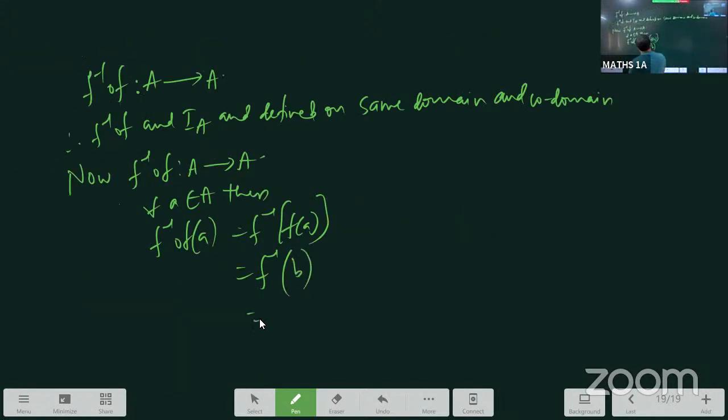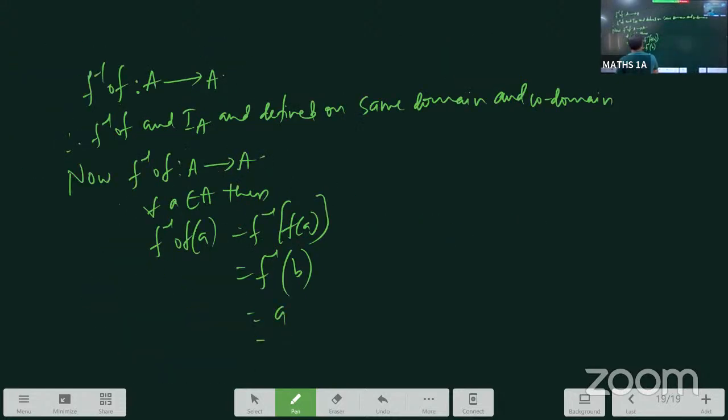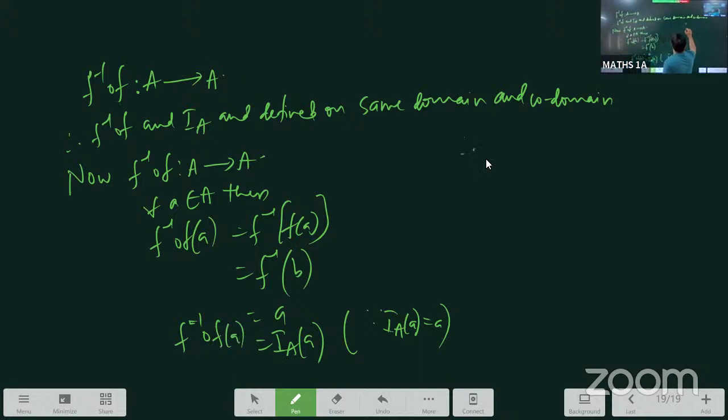And what is F inverse of b? It is a. Correct? But a I can write as IA of a, because it is the identity function. Is it clear? So F inverse circle F of a gives IA of a. Therefore F inverse circle F is IA.